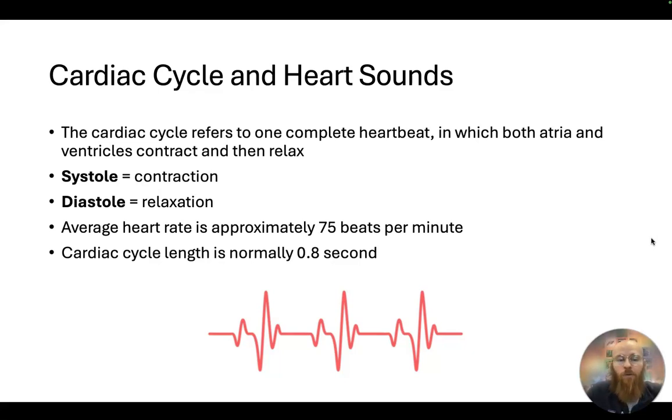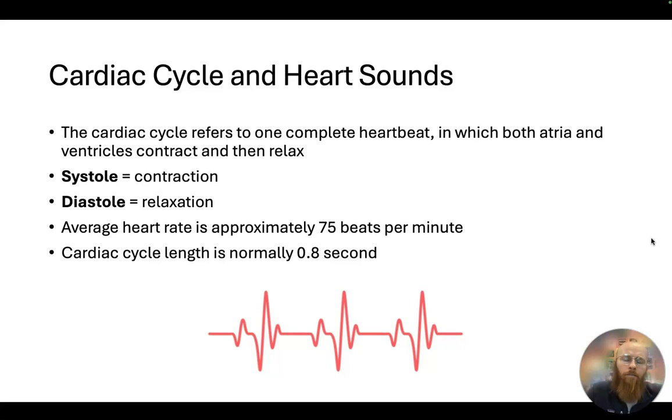Systole is referring to contraction, or that active component of either atria or ventricular action. And then diastole, which is relaxation. Okay, so if we are at work, this is systole. If we are at rest, that is diastole.